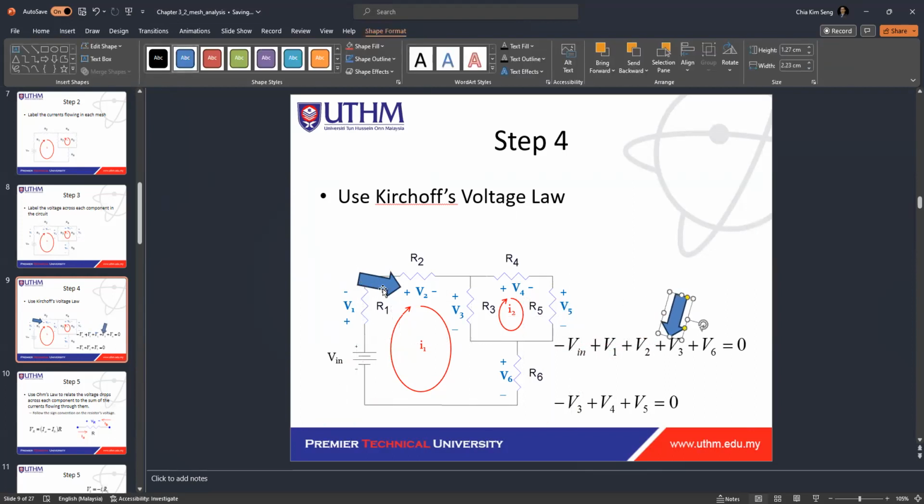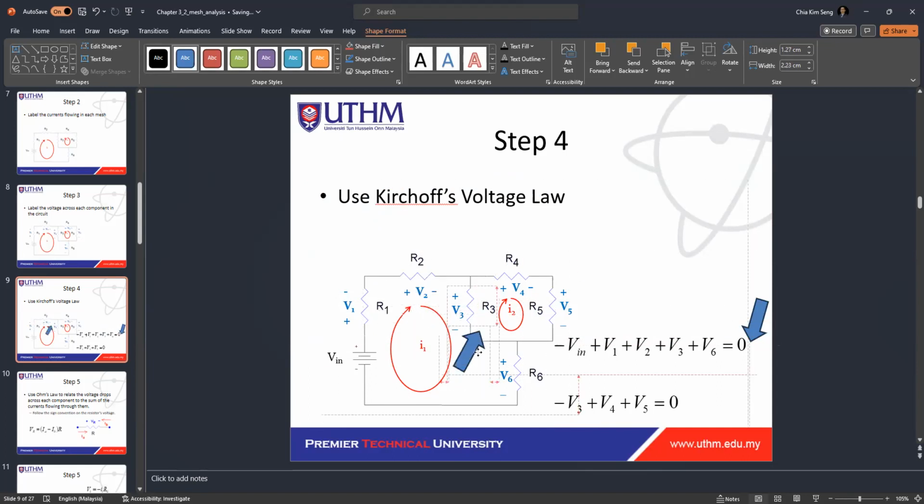Plus V3 also okay. And then the current flows to here, the loop that we trace until here, plus V6, and the sum equals 0 as we are using Kirchhoff's voltage law. That is our first equation. The second equation also depends. You can start at here, should be okay. So what you see here is a negative, am I correct? The negative sign.